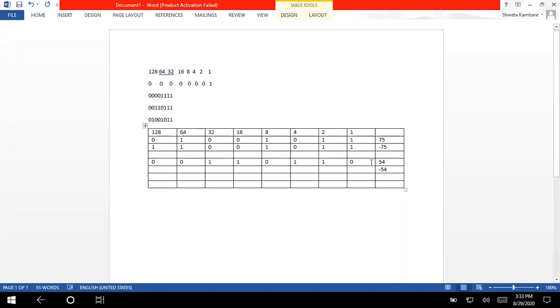So this will be 54, and if you want to represent minus 54, this will be 1, and then again all the same bits.